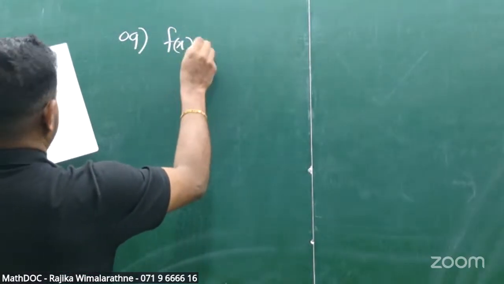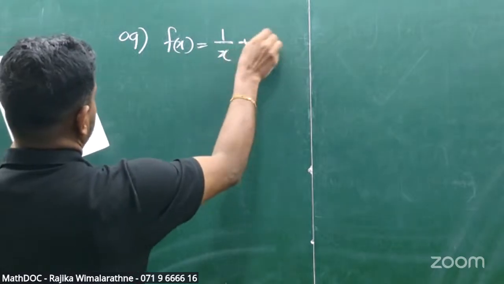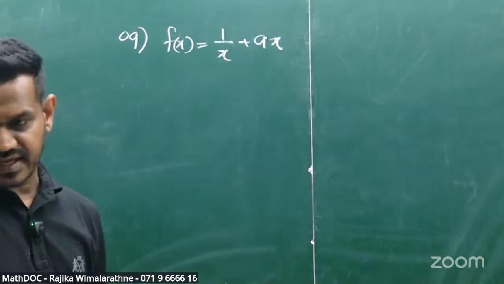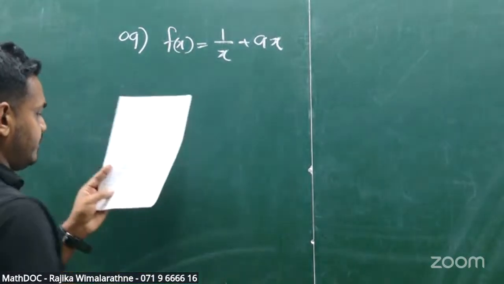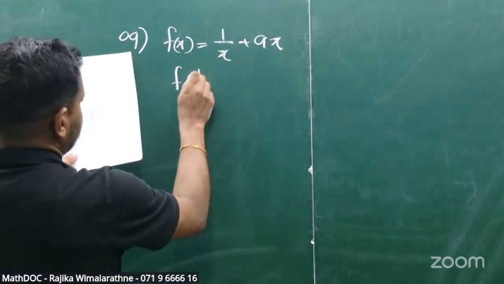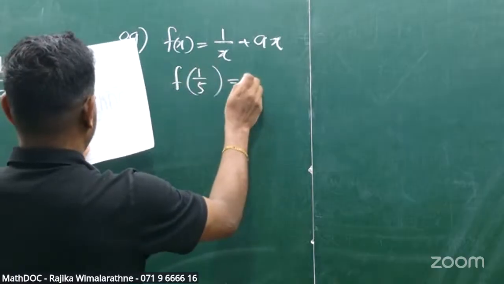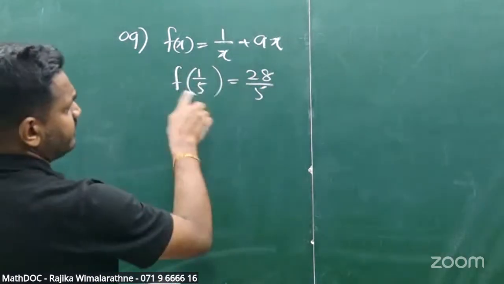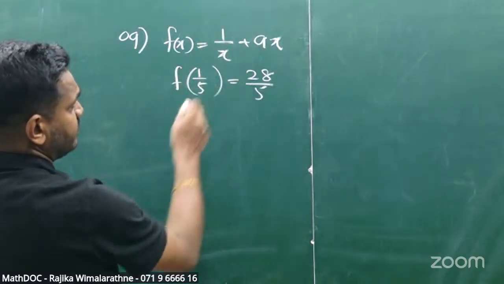f(x) equals 1 over x plus ax. So here f(1/5) equals 28 over 5. f(1/5) means you have to replace x by 1/5, no?